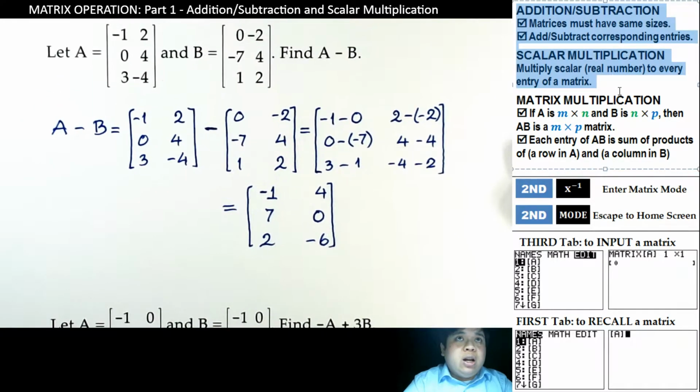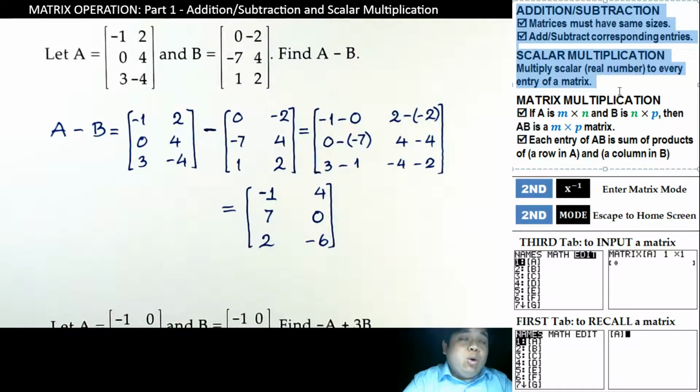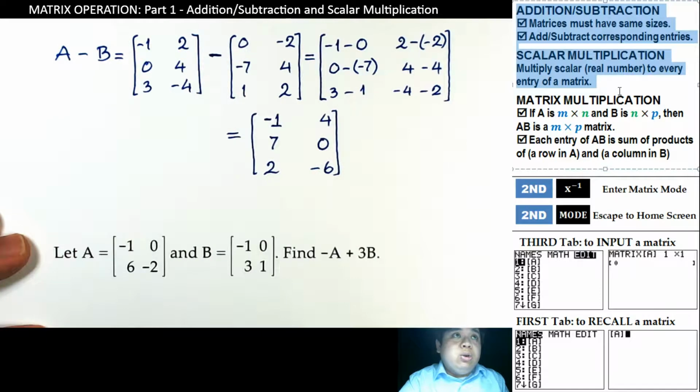We go to a second example. We can also use the calculator to check this answer. We're going to do that in a minute. Now just go to another one here.